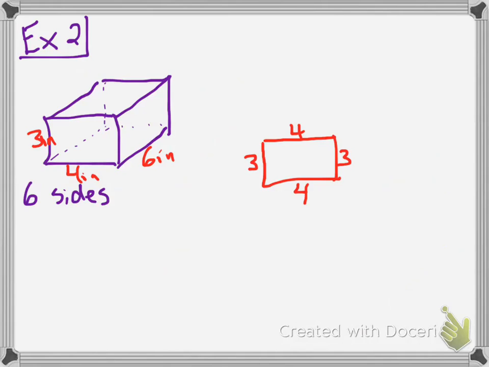Now, you can start here at the front, which I'll highlight right here in yellow. So we started at the front. Now I'm going to go over to the side here. You just kind of have to work your way around. Now the side length is actually 3 by 6.